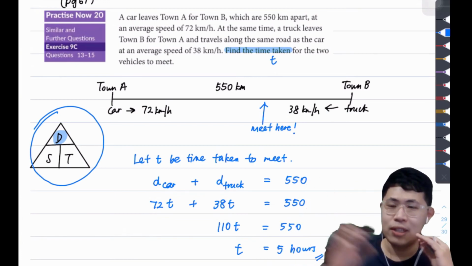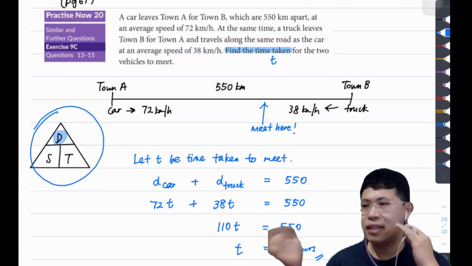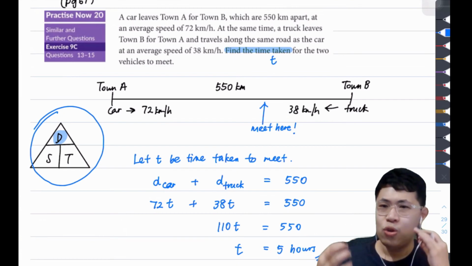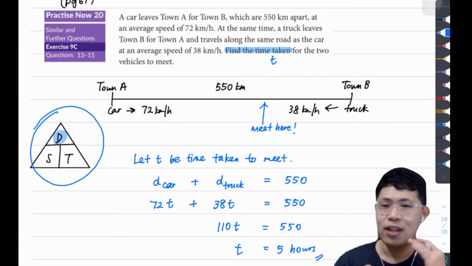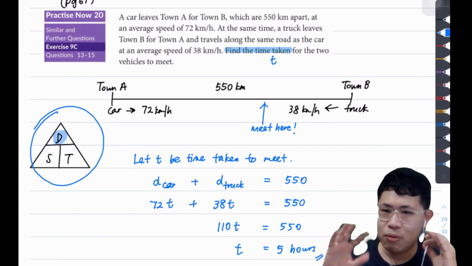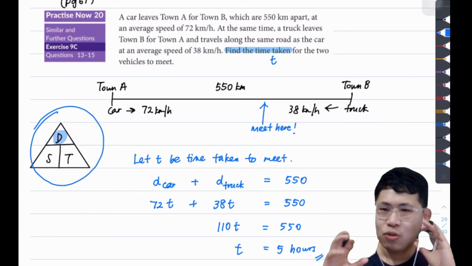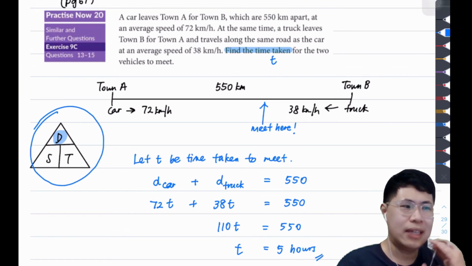For example, in this question, the total distance is 550 km, and maybe in the question before, the difference in time is 15 minutes. Use information like this to form your equation, and do some substitution and replacing of the variables to find the quantity that we need.